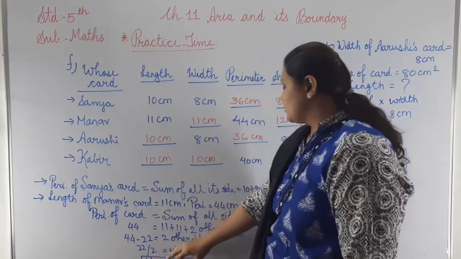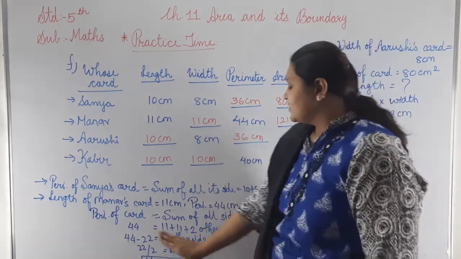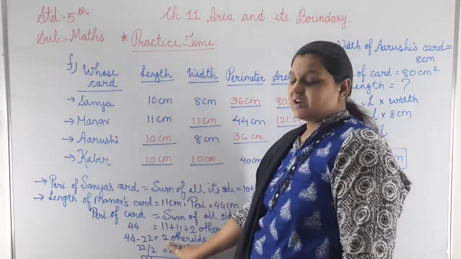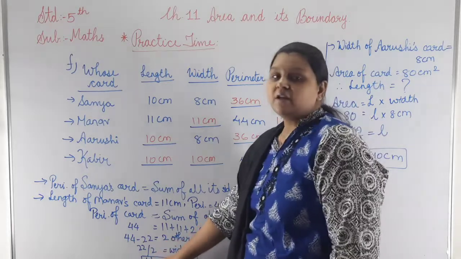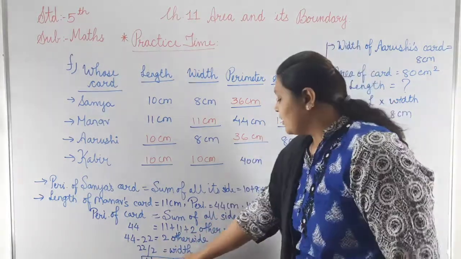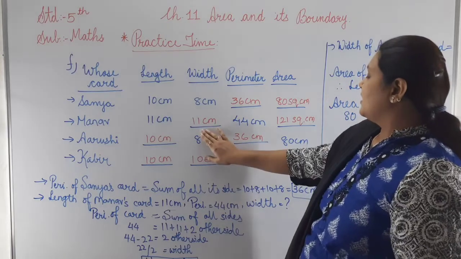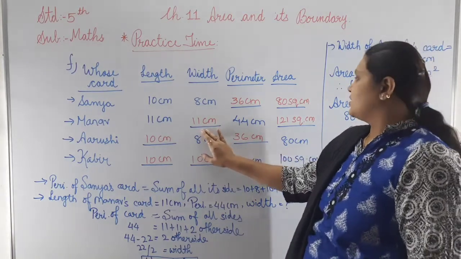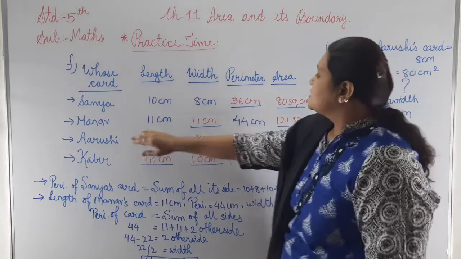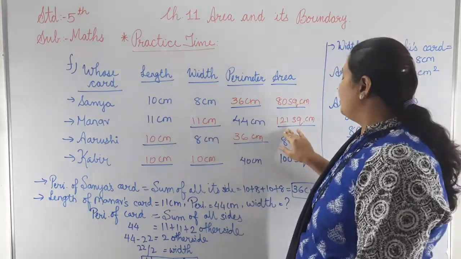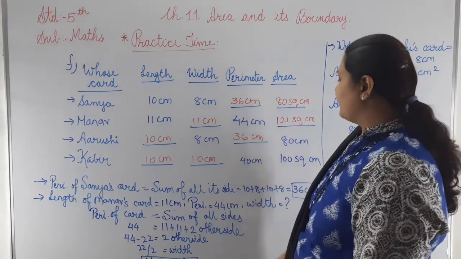Minus 22 is equal to 2 other sides. So 22 divided by 2. Here it is in multiplication relation, so again it will go in division relation. So width is equal to 11 centimeter. So here we can write 11 centimeter. Now area. So length into width, that is 11 into 11, 121 square centimeter.